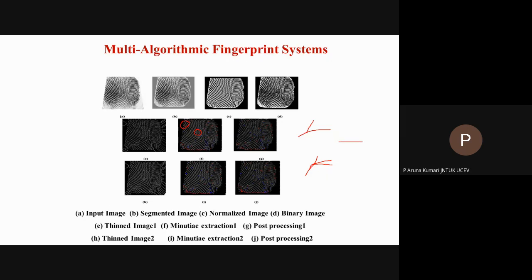Such minutiae have been extracted, and due to some noise, there may be some points outside this particular area which are falsely recognized as minutiae points, and those are eliminated in post processing.